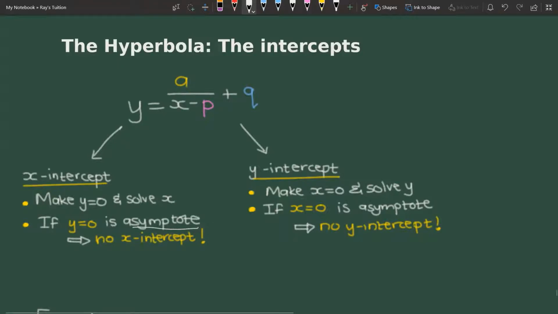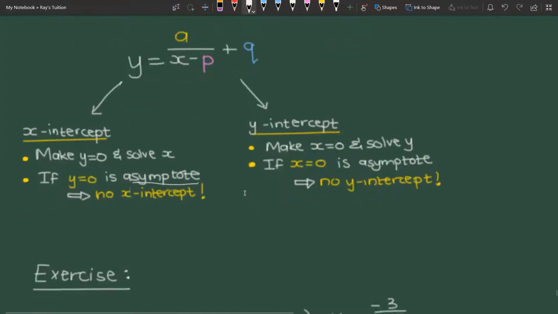If the line Y equal to 0 is an asymptote, a line which the graph does not touch, then there will be no X-intercept. Similarly, if X equal to 0 is an asymptote, then there will be no Y-intercept. That is the special part of the hyperbola that makes it slightly different from the other graphs: sometimes we might not get an X or Y-intercept because they are asymptotes.